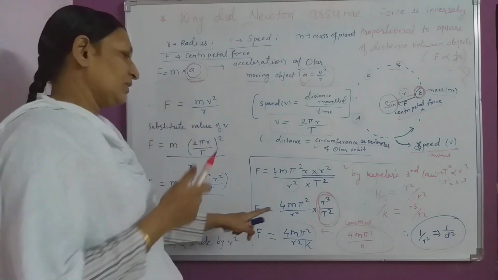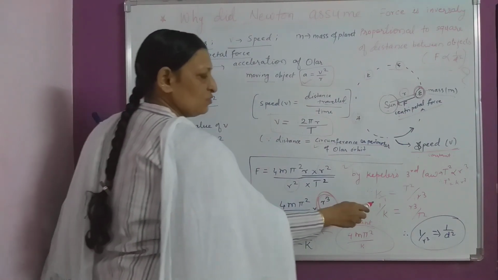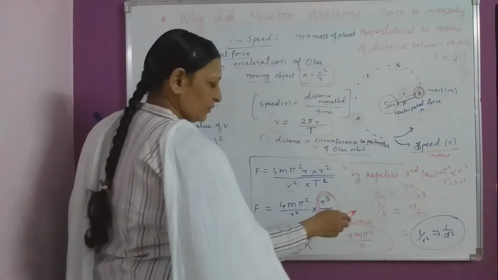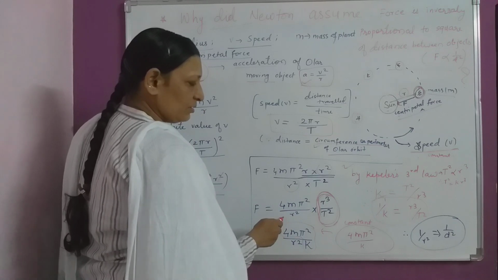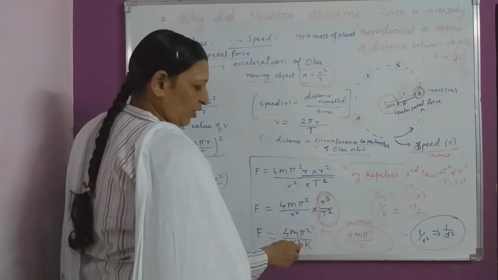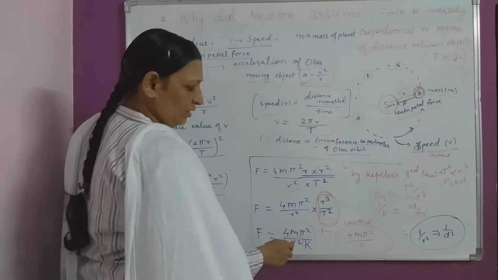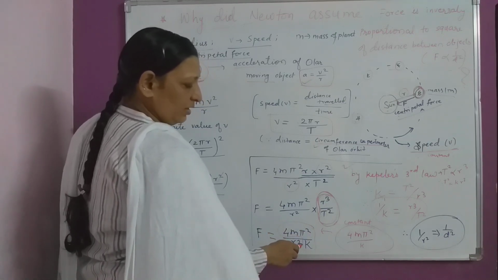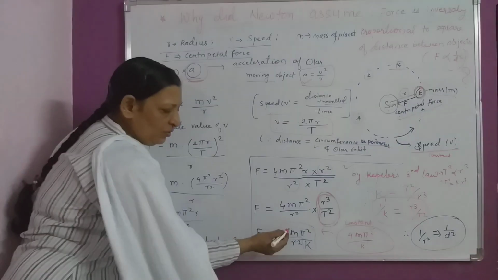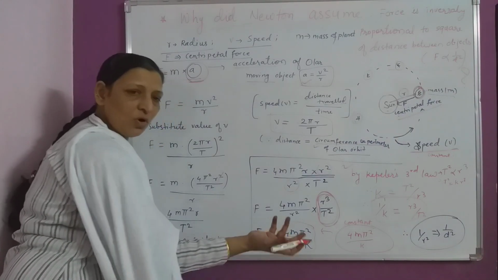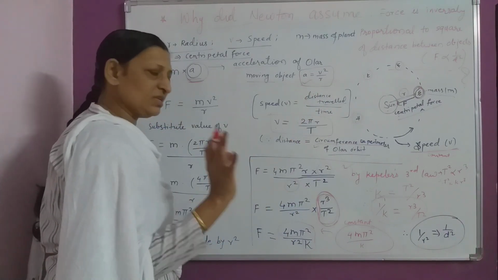Now see, in our expression, this value of r cube upon T square will be substituted. So 4m pi square upon r square into 1 upon k will become 4m pi square upon r square into k. Now in this expression, 4 is a constant value, the mass of the object is constant, it will not change, it will remain the same.